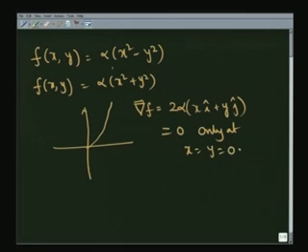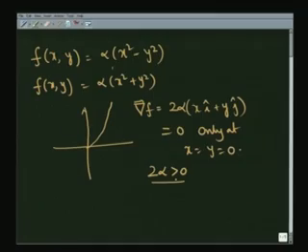Now, in order to further verify that the origin is indeed a minima, all that we need to do is to calculate the discriminant. However, since the cross derivative terms vanish, I only have to calculate the second derivative with respect to x and the second derivative with respect to y and evaluate it at the origin. The second derivative for both of them is simply given by 2 alpha, which is greater than 0.